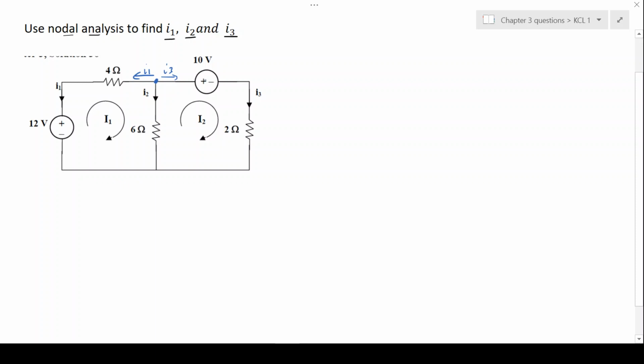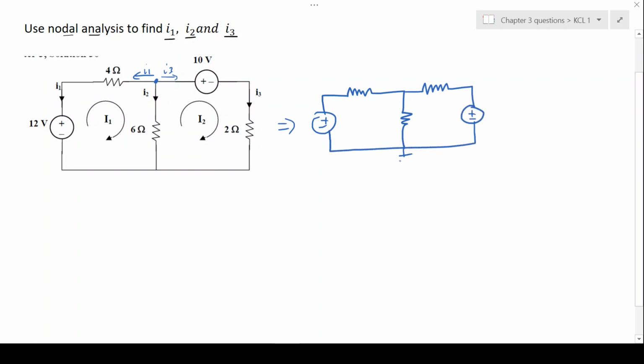Further to this, we can decide to switch the position of these two elements, just to have a bit of consistency in the circuit. You have a circuit that looks as follows, where that will be the 12 volts, 4 ohms, 6 ohms, and the 2 ohm resistor and the 10 volt source have switched position.